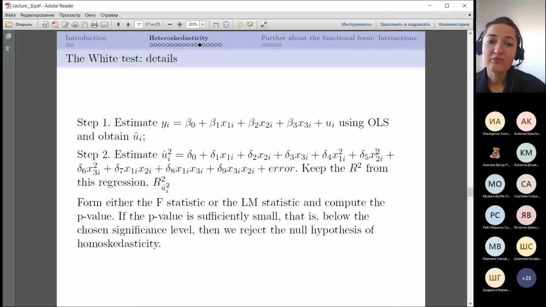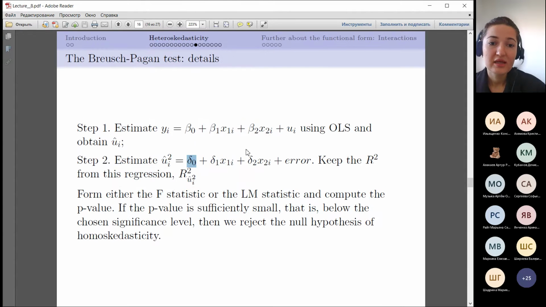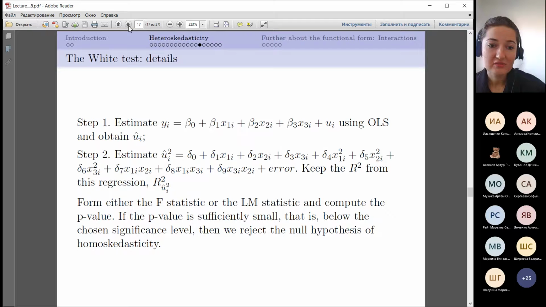Why is it important? Because in the Breusch-Pagan test, you can check only the linear form of heteroscedasticity. But of course, heteroscedasticity could have not only a linear form, yeah, it could have some other different forms. And if we want to check this, the White test can provide you with such an opportunity.